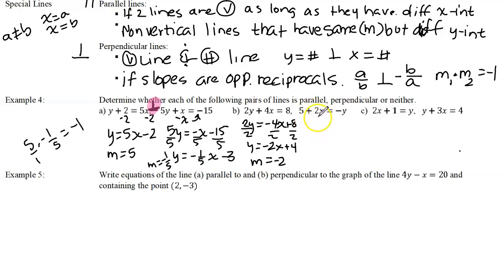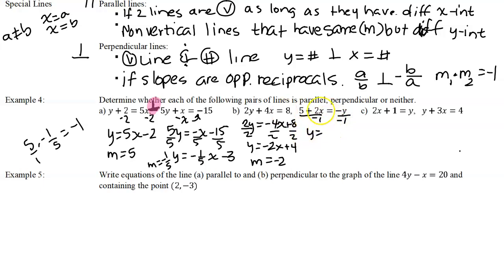In this one here, when we move this to the other side, actually, I think instead, since the y is already pretty isolated, other than the -1, I'm just going to divide everything by -1 and rearrange it so the y is over here.